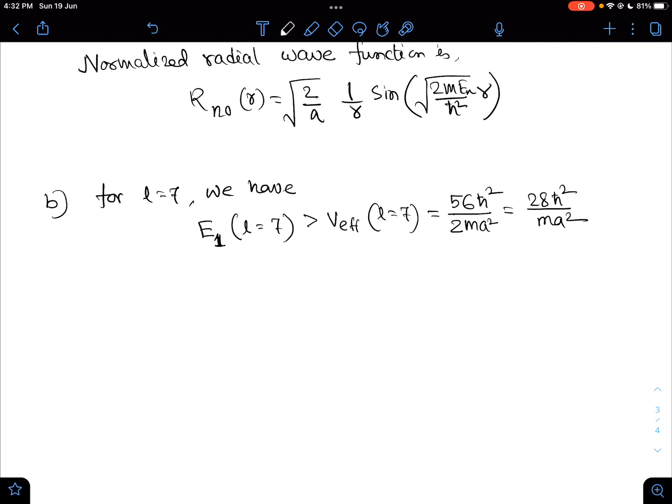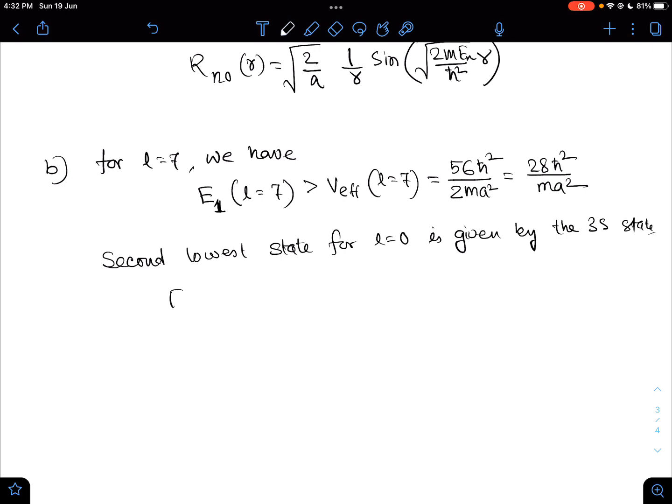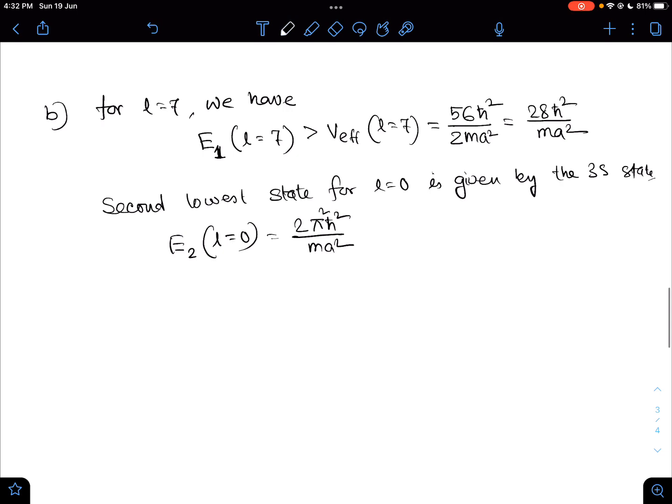We know that the second lowest state for L equal to 0 is the 3s state. So its energy for L equal to 0 will be 2 pi squared h cut squared by m a squared, since here we have n value to be 2.